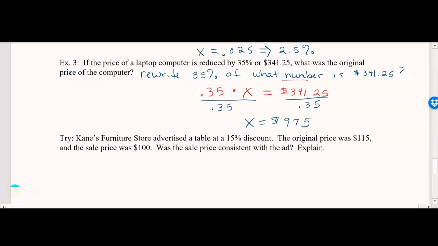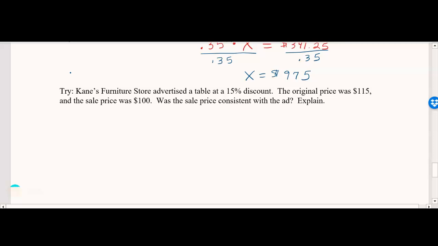Now, last one. Kane's Furniture Store advertised a table at 15% discount. The original price was $115, and the sale price was $100. Was the sale price consistent with the ad? Now, if you'd like to pause the video and try this on your own first, go ahead and pause.